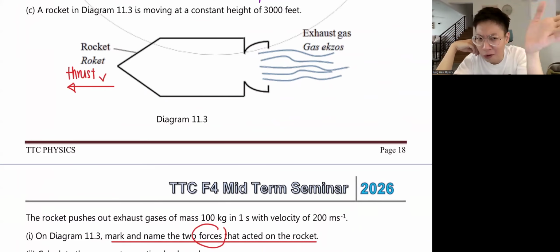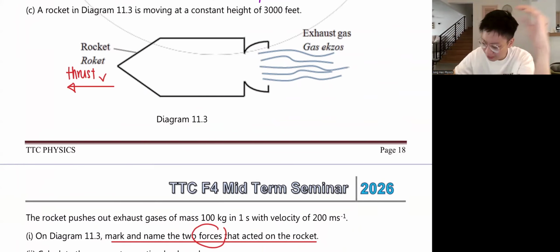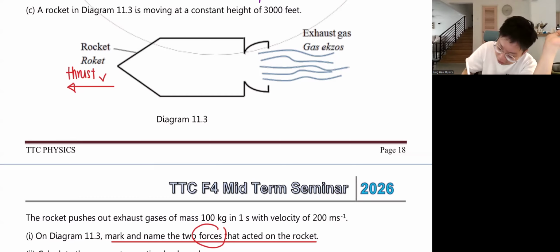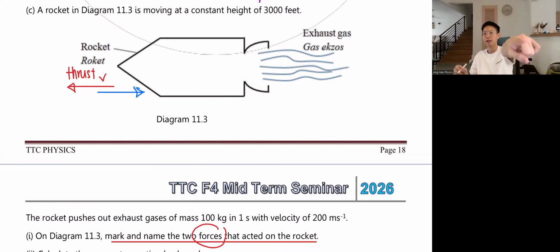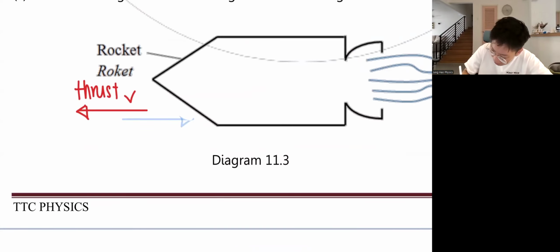For example, when you move forward, there's a thrust, so this is your first force. There's also something that always goes against you. If you move forward, what is that thing that goes against you?